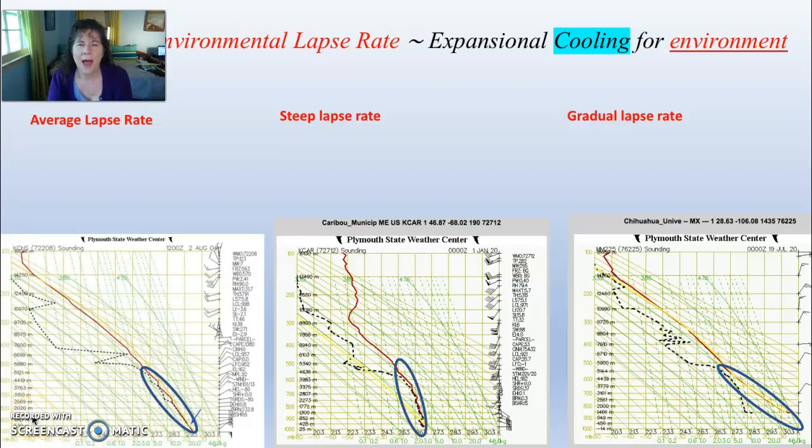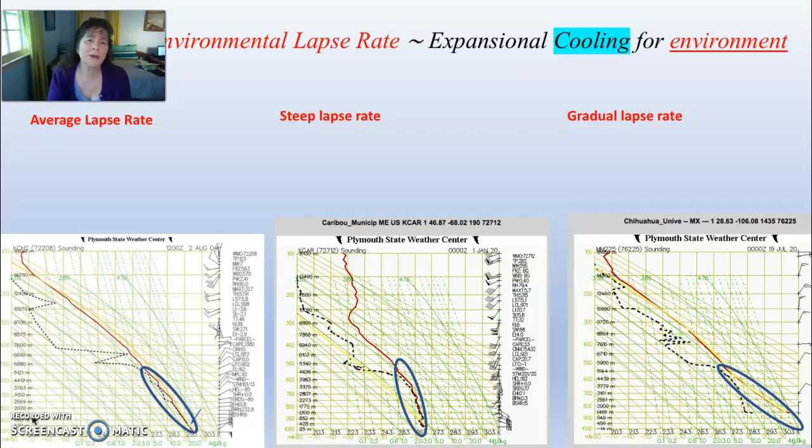Hello everyone again. We had spoken about compressional warming, and now we're going to make things a bit more specific. When we go back to look at soundings, the environmental lapse rate in red on the sounding, the temperature of the environment, is actually a notation of expansional cooling throughout the vertical profile of the atmosphere.